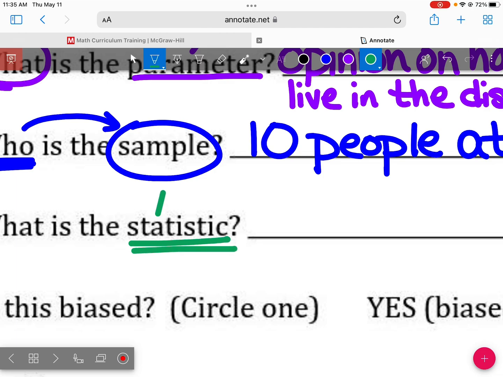Statistic: this is what I was actually able to find out from my sample. What did they find out from their sample? Yeah, we got their opinions on how the high school is run.